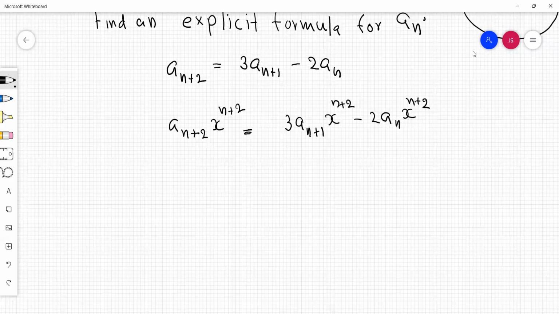Highest power means highest subscript, right? Yes. So now take the summation from n equals 0 to infinity.